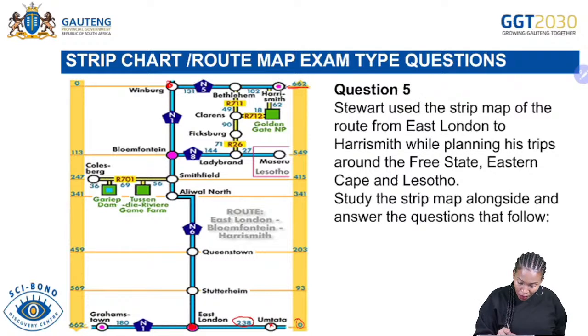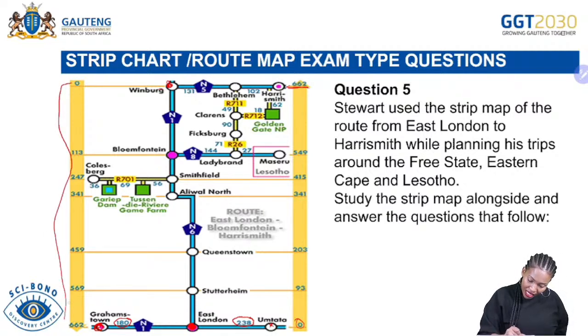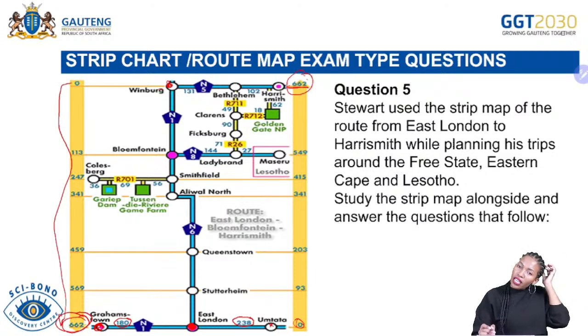If you are traveling from East London to Grahamstown, the distance is 180 kilometers. If you are traveling from Wynberg, here at 0, to East London, it is 662 kilometers. You'll see from Wynberg to East London, from East London to Wynberg, it is the same distance.